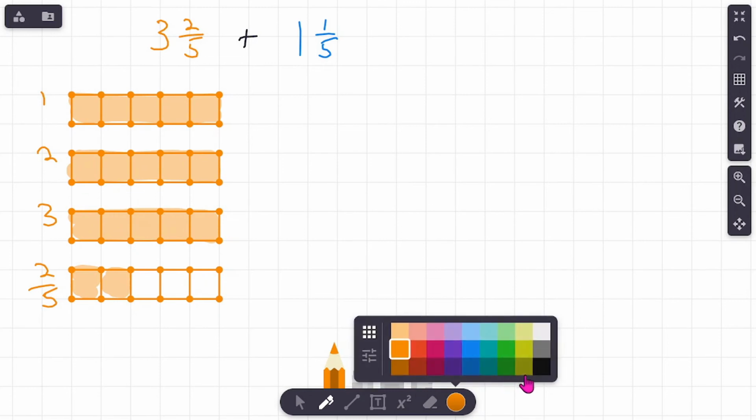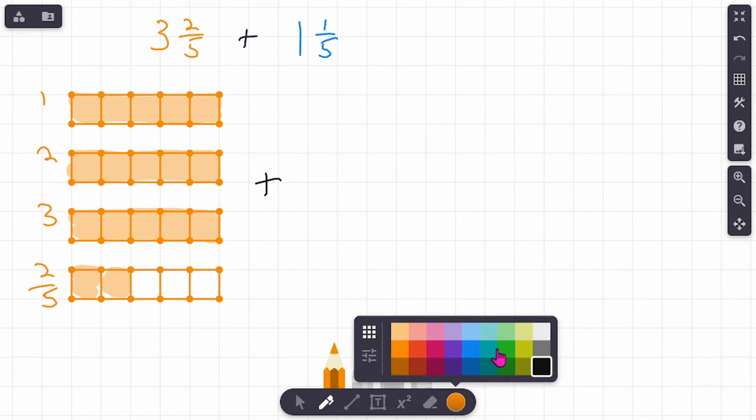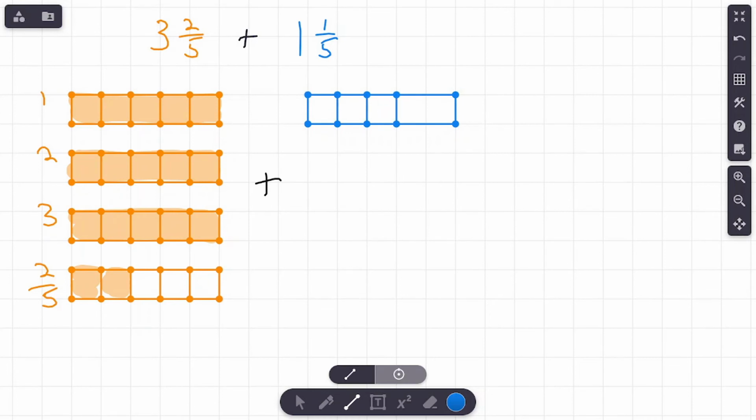Okay. Now we are going to add the blue mixed number. The blue mixed number is 1 and 1/5. So let's draw that. Here we go. 1 whole, shade in the whole thing. Make sure I got 5 equal sections. 1, 2, 3, 4, 5. Very good.